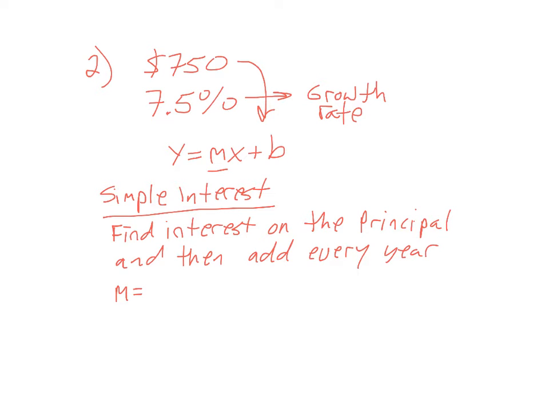Well, to find the interest on my principal, I take the percentage, 7.5%, change it to a decimal, and then simply multiply that times my principal or my start value. And when I do that, I end up with $56.25. And that's essentially the m for that equation.